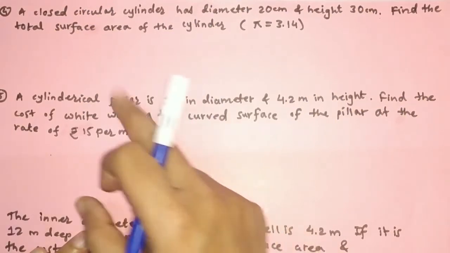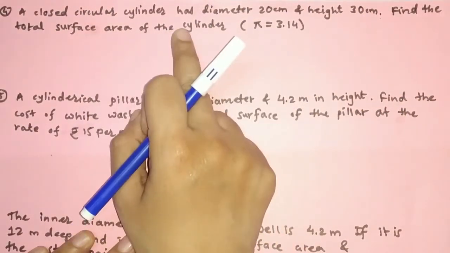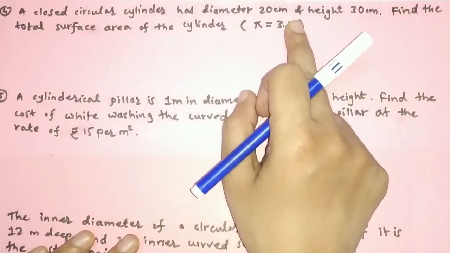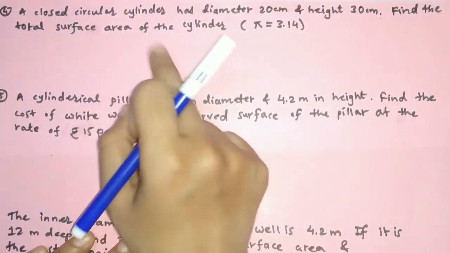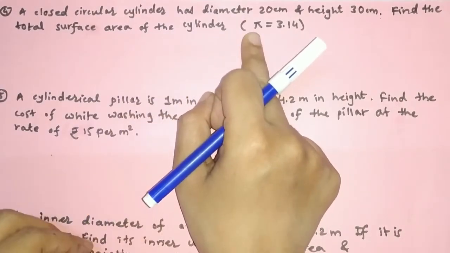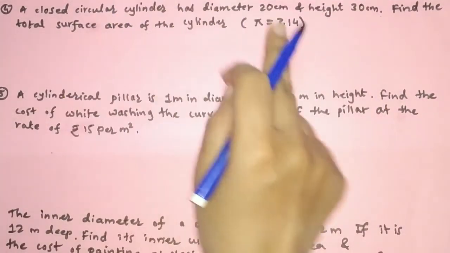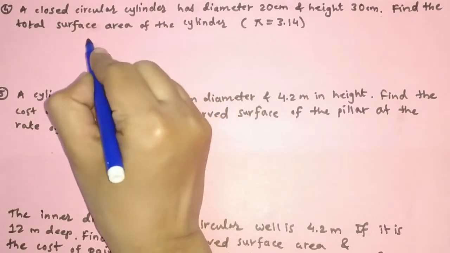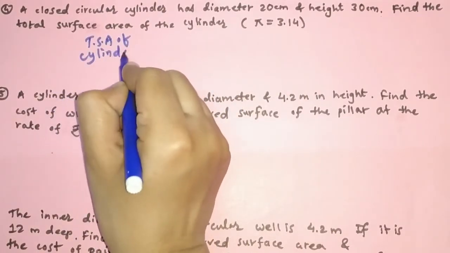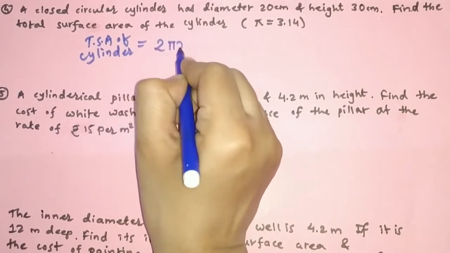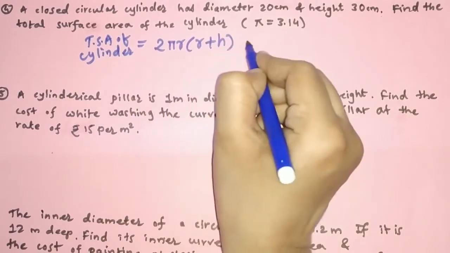So now moving to the next question. A closed circular cylinder has diameter 20 centimeter and height 30 centimeter. Find the total surface area of the cylinder. Given that pi's value is 3.14. So TSA of the cylinder, we know the formula, it is 2 pi r in bracket r plus h.